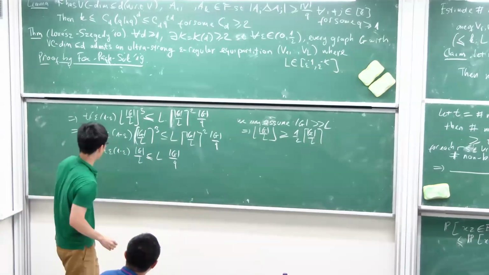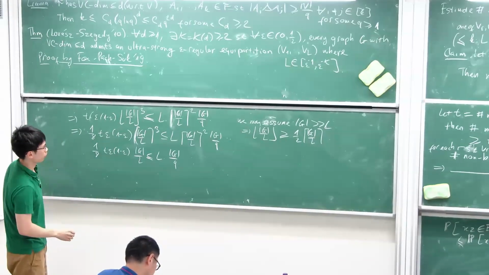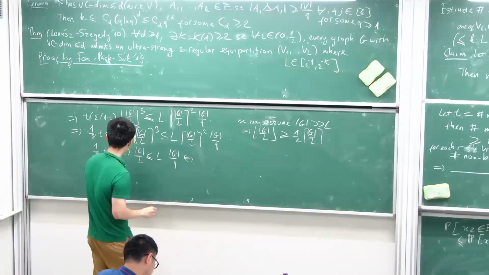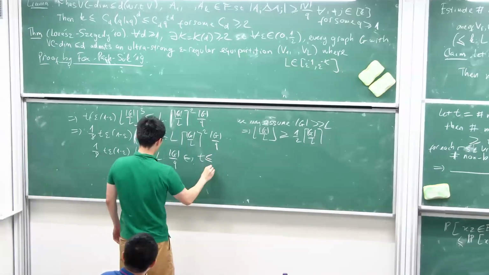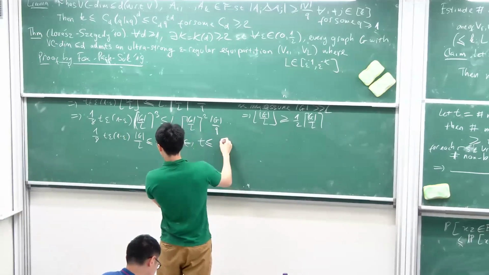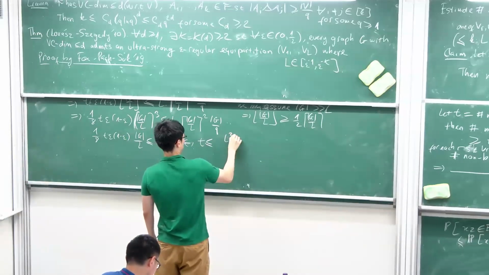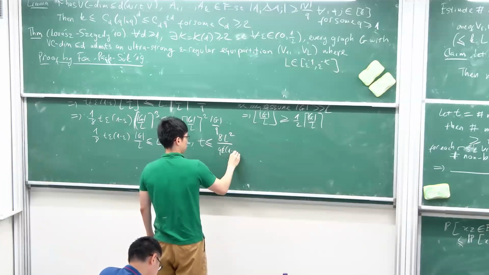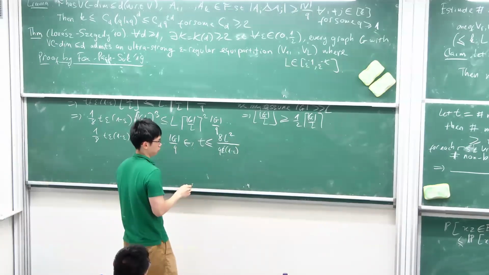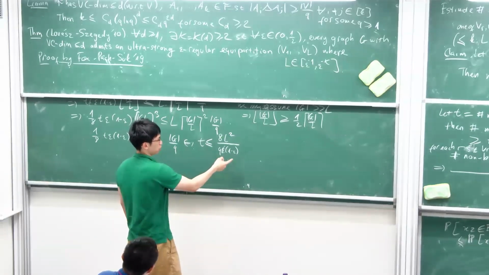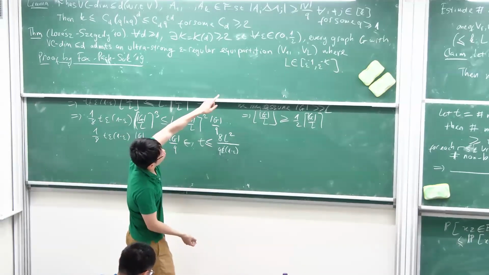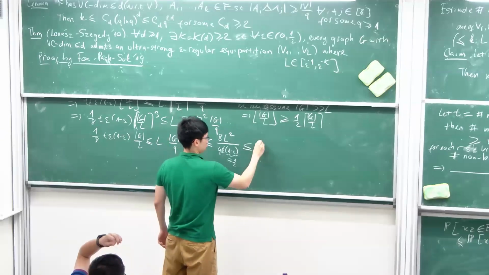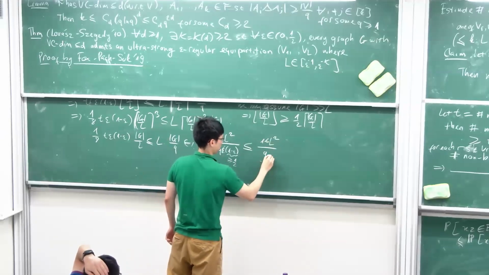So this is equivalent to the fact that P is at most 8 times L squared divided by Q epsilon 1 minus epsilon, right? And I'm assuming that epsilon is from 0 to 1/2, so 1 minus epsilon is at least 1/2. And so this is at most 16 L squared divided by Q times epsilon.